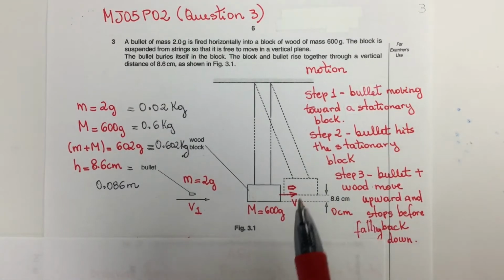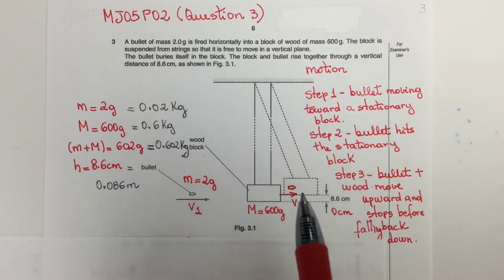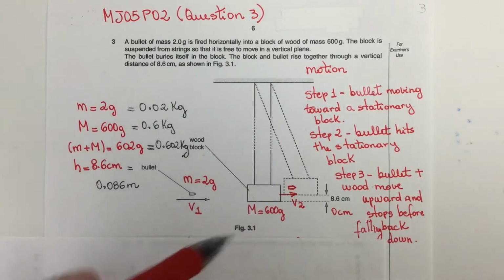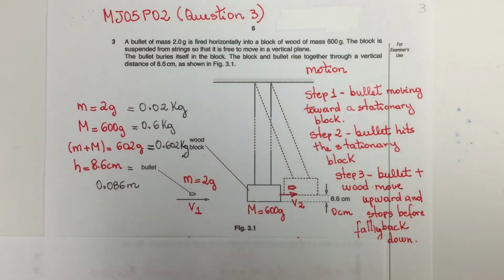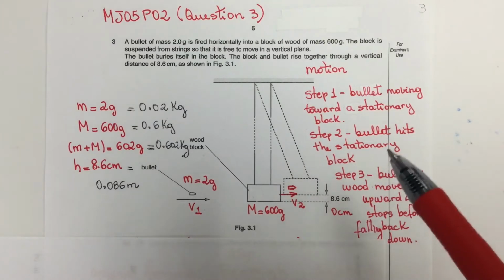For this reason, we can use conservation of energy, potential and kinetic energy, on step 3. However, we cannot use the same approach on steps 1 and 2 because there is no height in those 2 motions. With this in mind, it sounds like we have a plan.